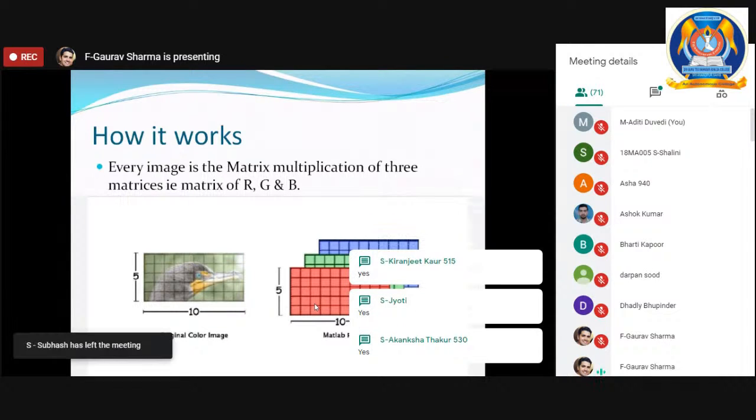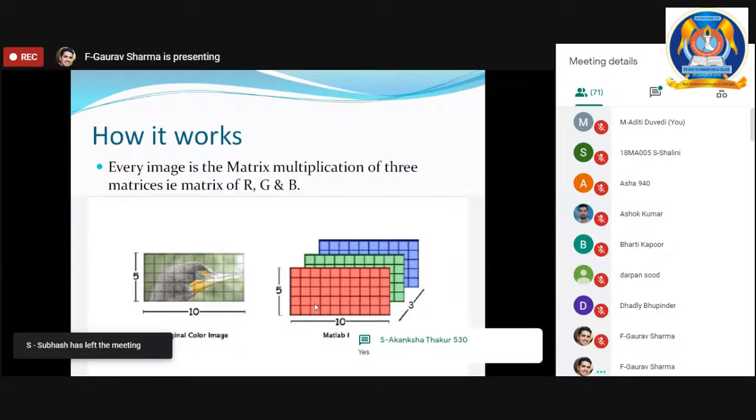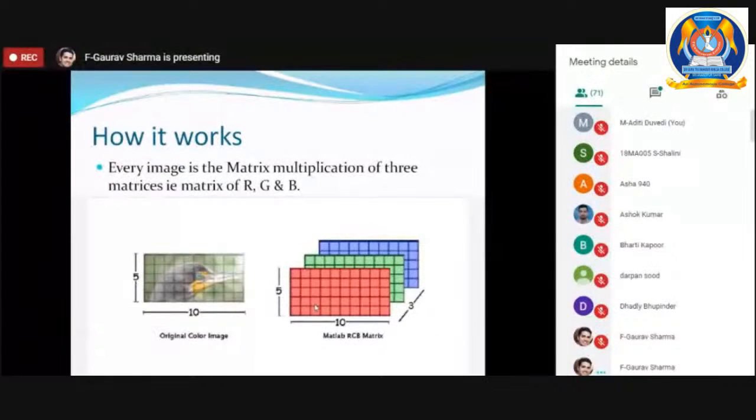Kavita, it will not be a 3 cross 3 matrix. Yes, Jyoti, 5 cross 10. Why is it 5 cross 10?